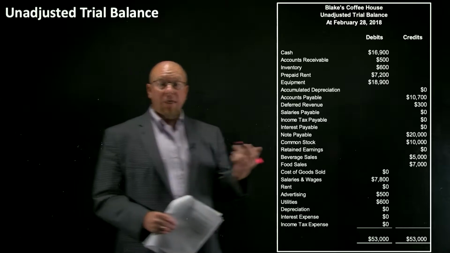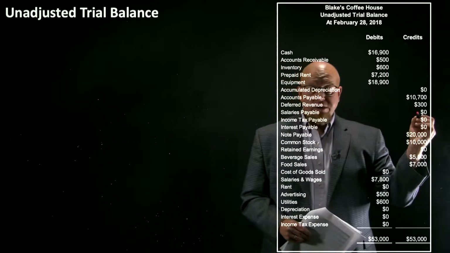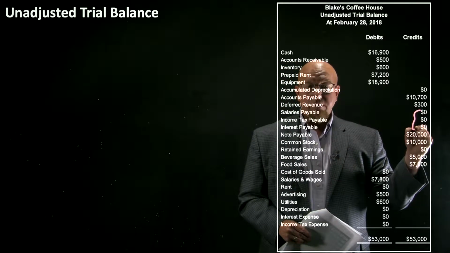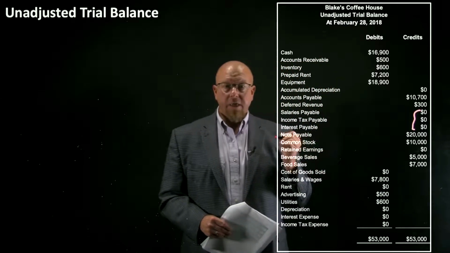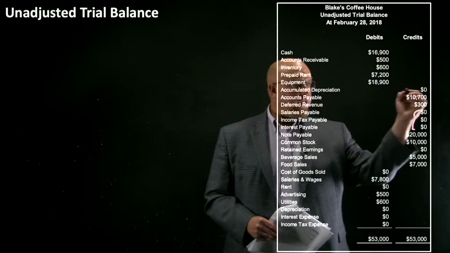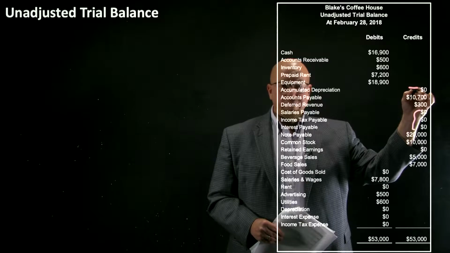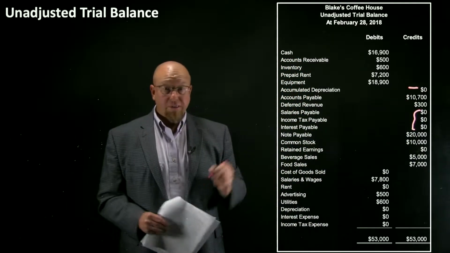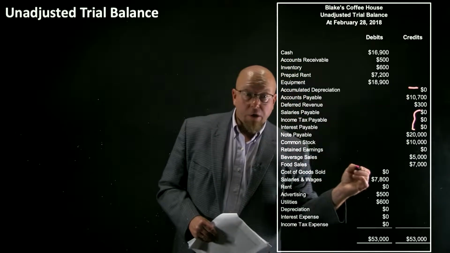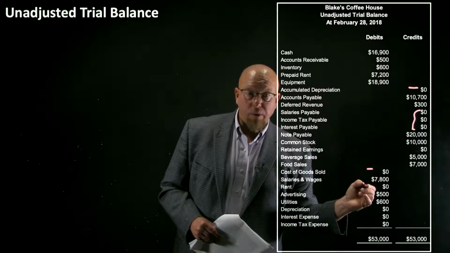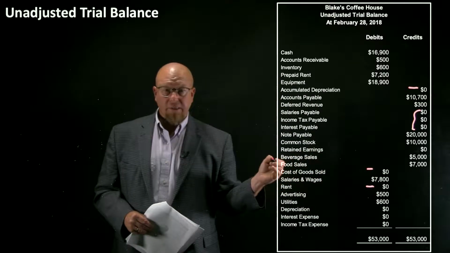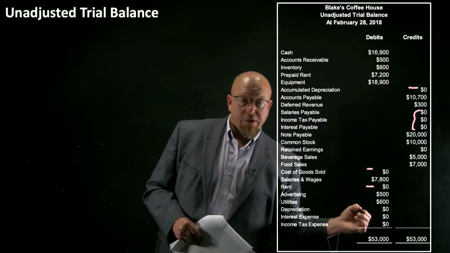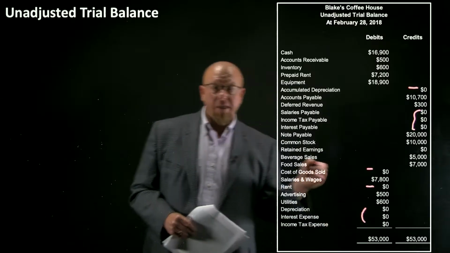We need to make some adjustments now because you'll notice there are some zeros here. Look at all these current liabilities. There's nothing in them. Accumulated depreciation, which we've pretty much ignored to this point, still has a zero balance. No cost of goods sold, no rent expense. That's a little bit unrealistic. How about depreciation or interest or income taxes?